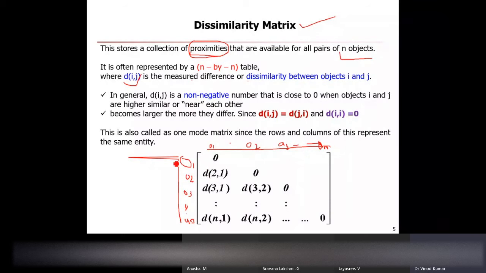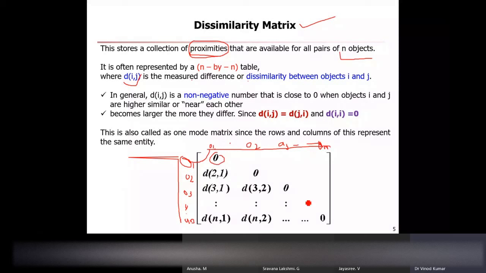Because it is two-dimensional, if I say object 1 to object 1, the distance or dissimilarity will come to 0 only, because both objects are the same. That's why dissimilarity is 0.